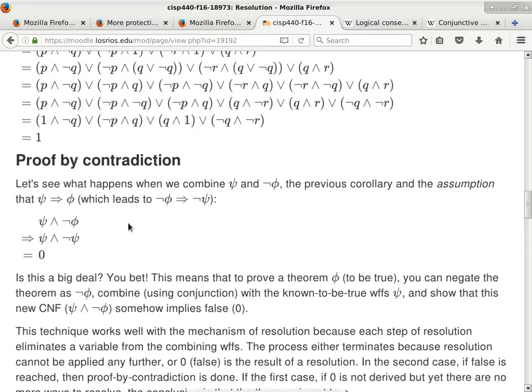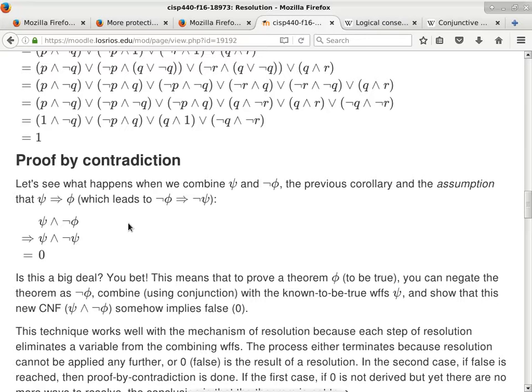Is that okay? But because this implication is true regardless of what is P, Q, and R, now we can say this P is the same P, which is phi, which is psi, right? This Q is the same as this Q here, which is phi. This R is the negation of phi.